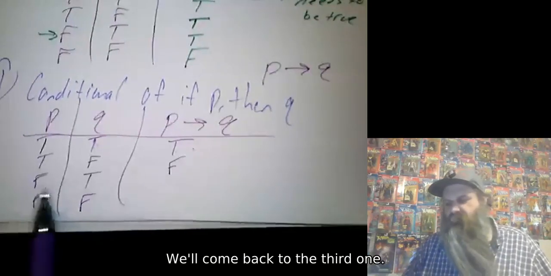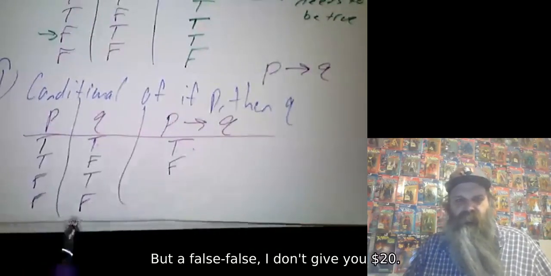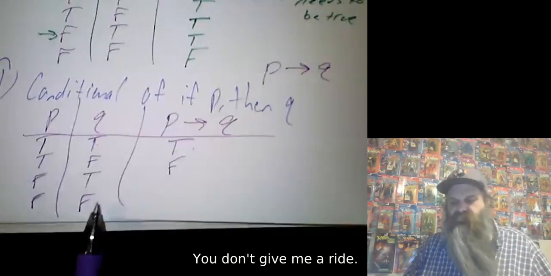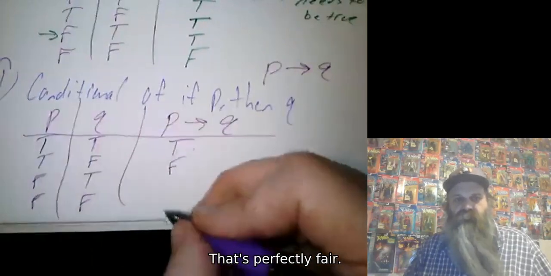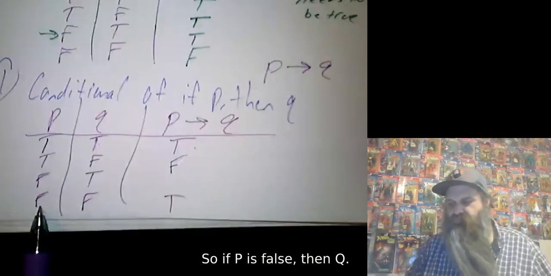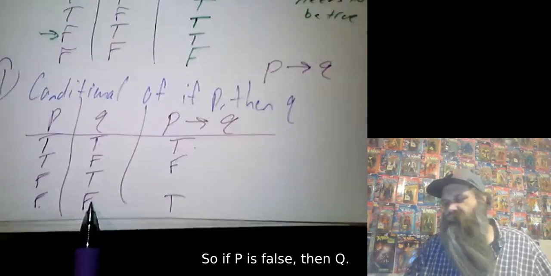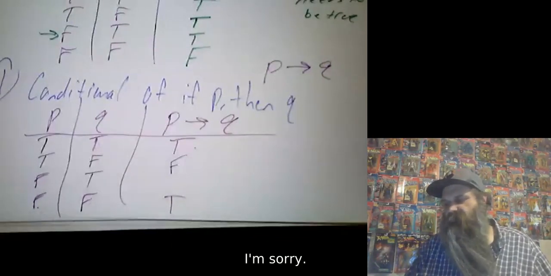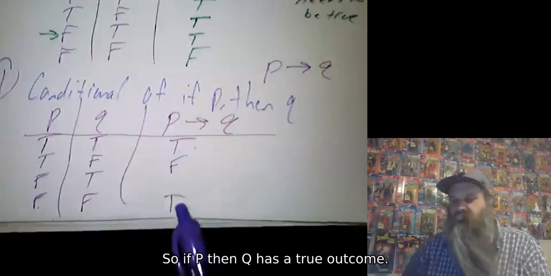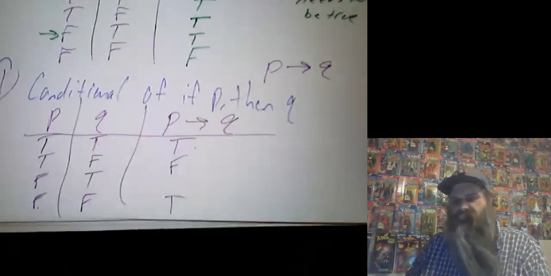Now, this is the confusing one. We'll come back to the third one. But if I don't give you $20, and you don't give me a ride, that's perfectly fair. So if P and Q are both false, if P then Q has a true outcome.